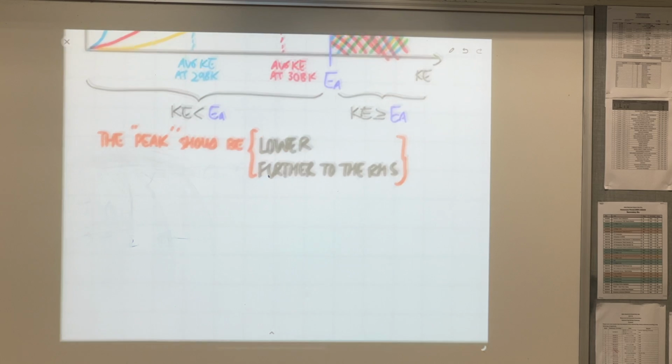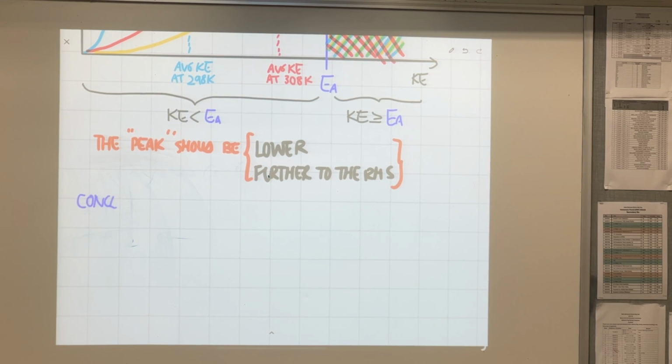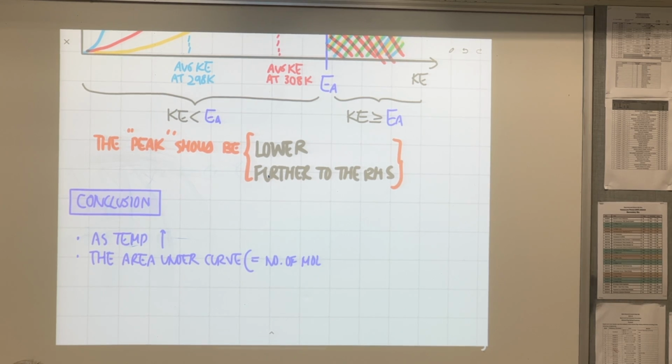Okay, so the conclusion that you can draw from this graph is that as temperature increases, the area on the curve, which represents the number of molecules, where KE is greater than or equal to EA increases.